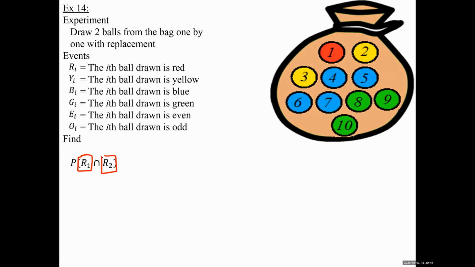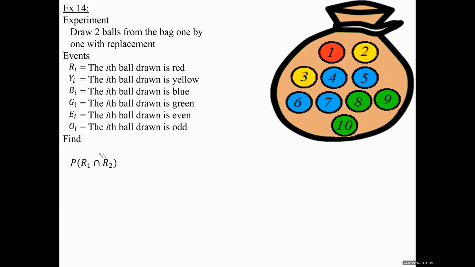So this is saying find the probability that the first ball you draw is red and the second ball you draw is red. Please make sure you put the number down there. That number lets me know which draw you're talking about. R1 means the first draw resulted in a red. The 2 on the bottom here lets me know the second ball that you drew was red.